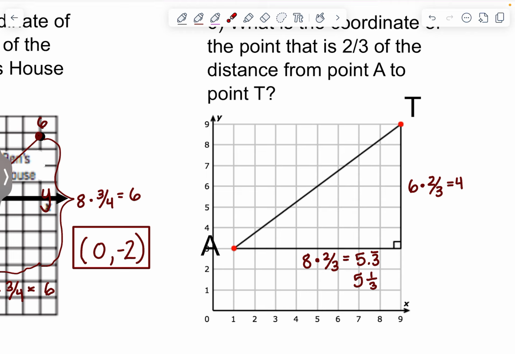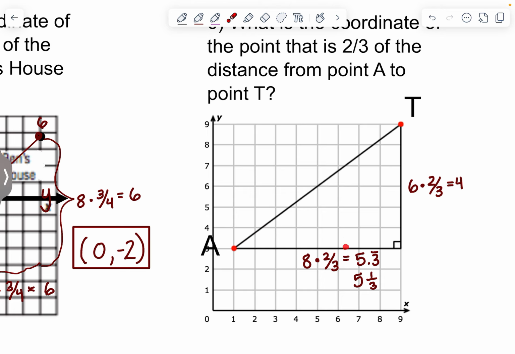So, step 1, total distance. Step 2, multiply. Step 3, we are going to count or add or subtract. So let's go ahead and count. I need to go over from A to T, not all units, but I have to go over 1, 2, 3, 4, 5, and a third.